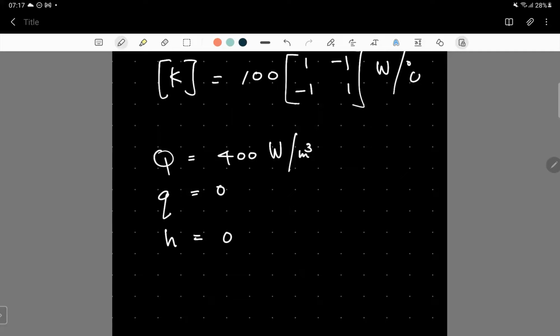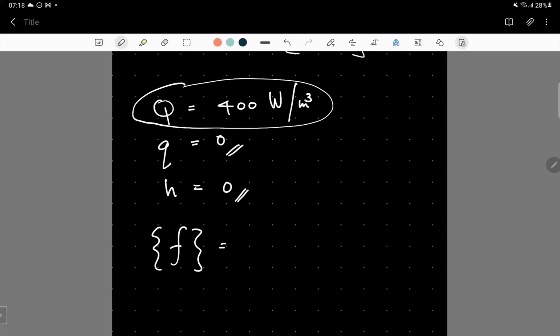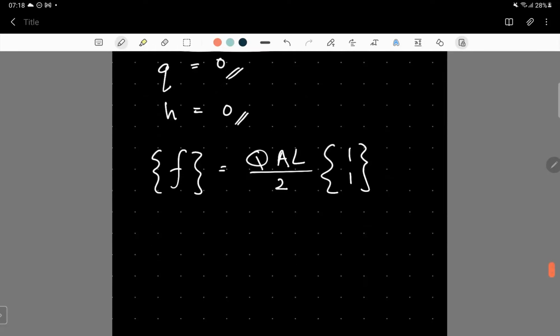Now we are interested in calculating the element force matrices. Because the heat flux is 0 and the convective heat transfer is 0, but we have a heat source term, the corresponding force element for a heat source is Q times AL divided by 2, if you can recollect from the previous session.